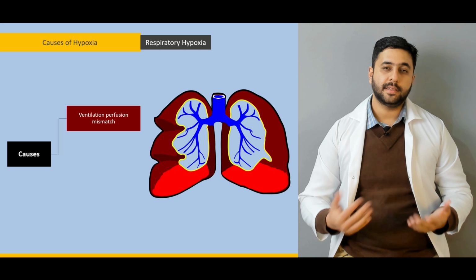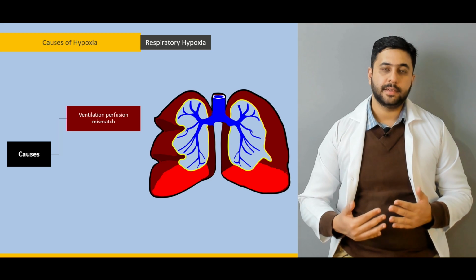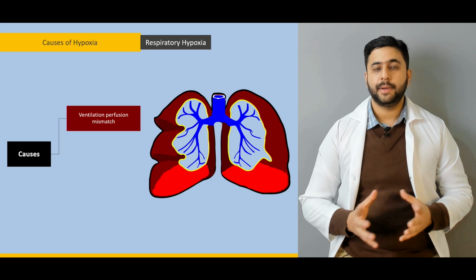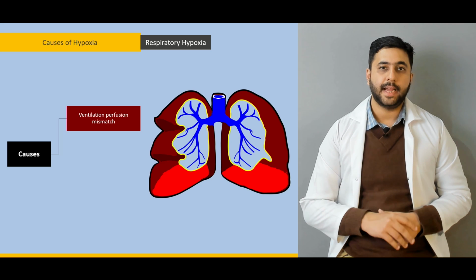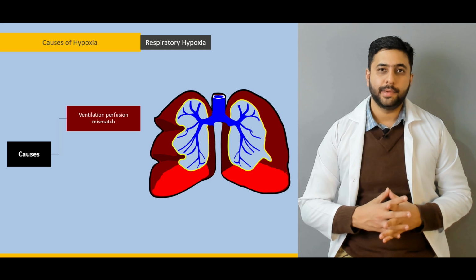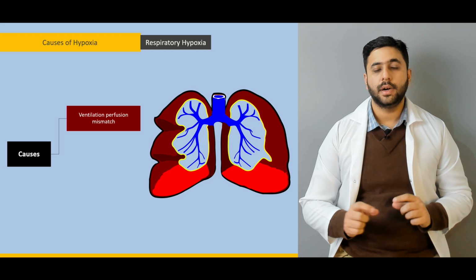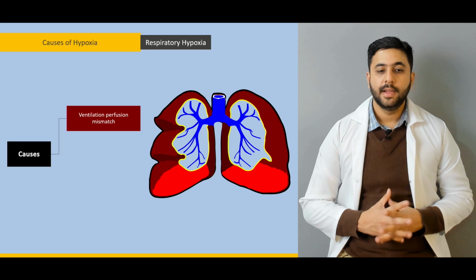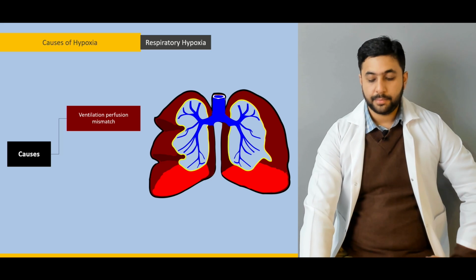Inadequate perfusion means that the areas which are normally ventilated have a reduced blood supply, and inadequate ventilation means that the blood supply is normal but the oxygen exchange is not taking place in those areas. These are in common terms referred to as dead space, in which there is no alveolar capillary interface available for oxygenation. So any ventilation perfusion mismatch can lead to respiratory hypoxia.